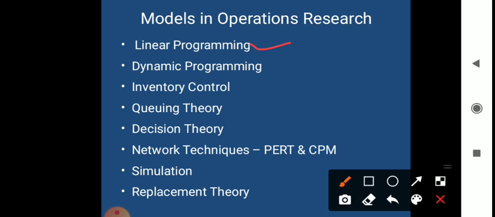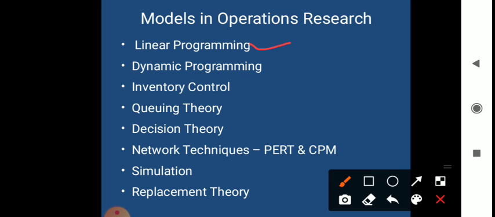This is linear programming. It has been used to solve problems involving assignment of jobs to machines, blending product mix, advertising media selection, transportation, investment portfolio, etc.